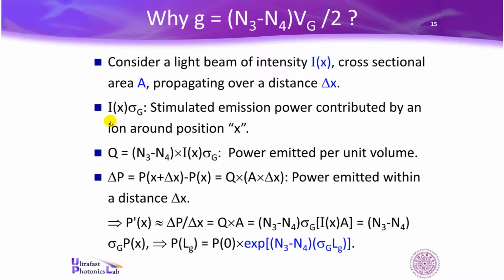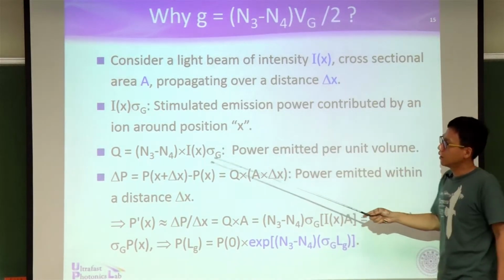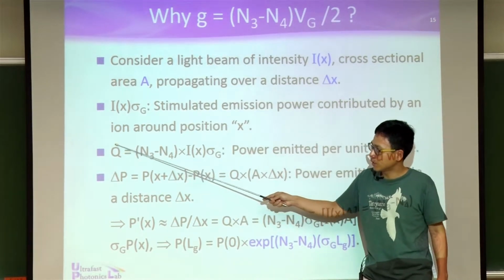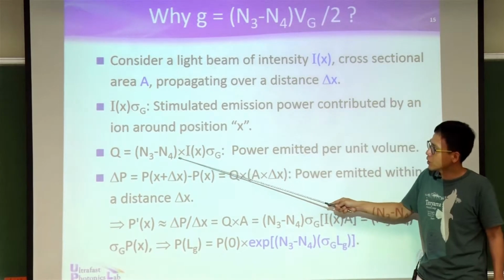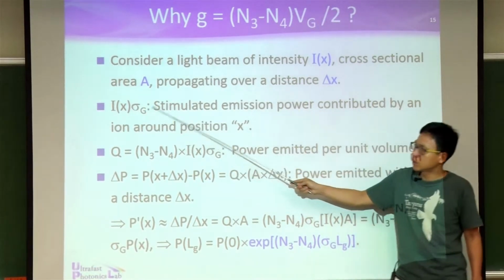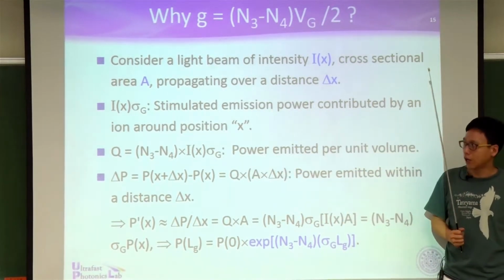Then, what is the meaning of the product I times sigma g? We have seen this before. This is the stimulated emission power contributed by a single ion around position x. We have seen this, right? Then, a new physical quantity, say Q, is population inversion times the stimulated emission power due to a single ion.